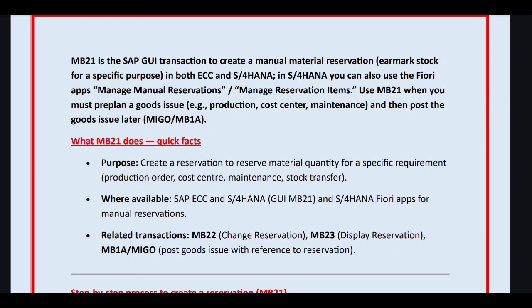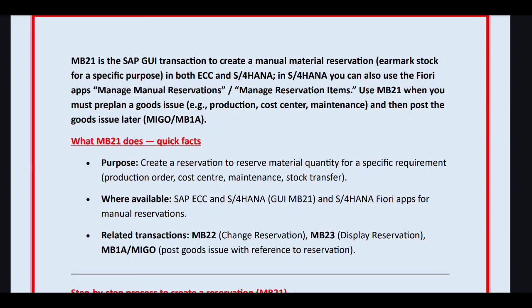So the remaining 55 quantities are available for use and 45 quantities are reserved. So the system gives you a message when you move any type of inventory that 45 quantities are already reserved for this job, right?